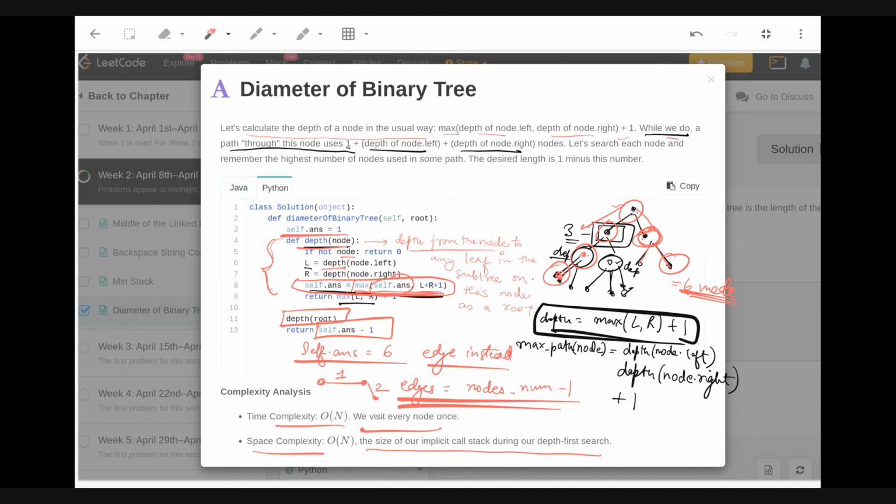When we do recursion, which means calling depth on root and then on node.left and node.right, we're implicitly putting our function calls on the memory stack. So root goes here, then left goes here, then right goes here, and then left goes here, and so on and so forth. This is how they are calculating the space complexity.